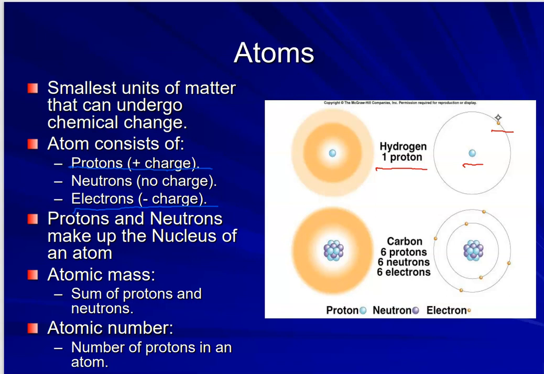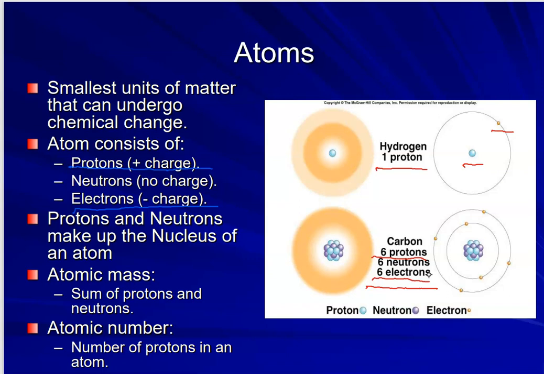Here we have a little bit bigger atom, carbon. Carbon is number 6 on the periodic chart of the elements, and therefore it carries 6 protons. These 6 protons carry 6 positive charges that have to be balanced by 6 electrons, 6 negative charges. And then to keep the protons stable in the nucleus, we're going to add 6 neutrons that don't carry a charge.